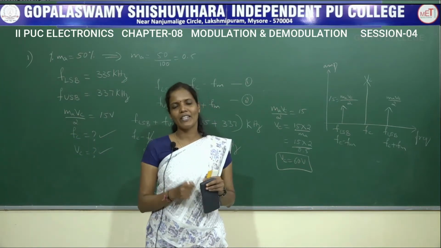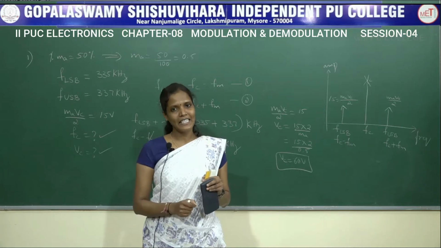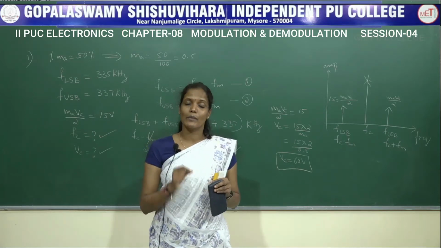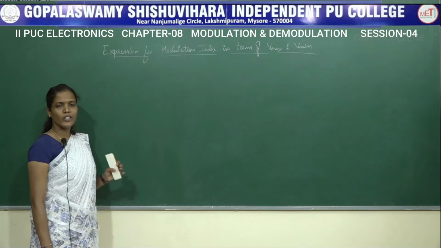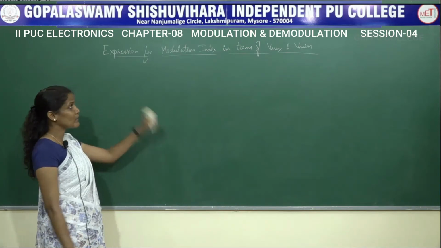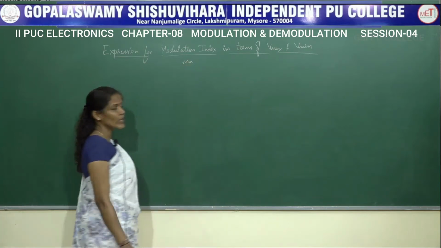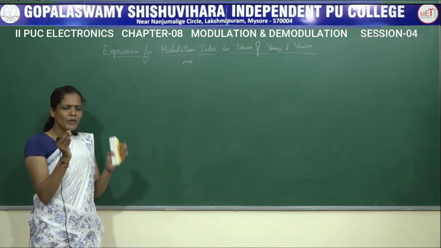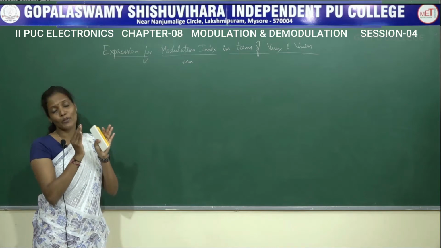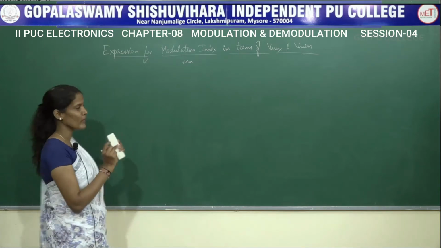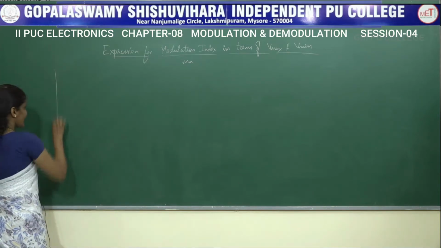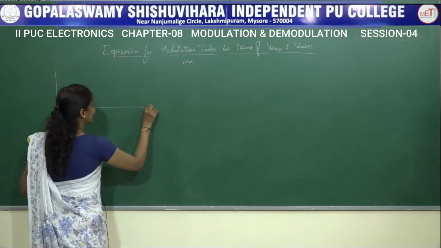Now we will be deriving an expression for the modulation index in terms of V maximum and V minimum. In order to derive an expression for the modulation index, that is MA, in terms of V maximum and V minimum, we have to consider only a single portion of the amplitude modulated wave, which gives us the maximum and the minimum values clearly.